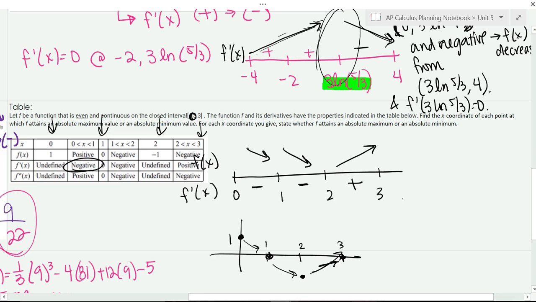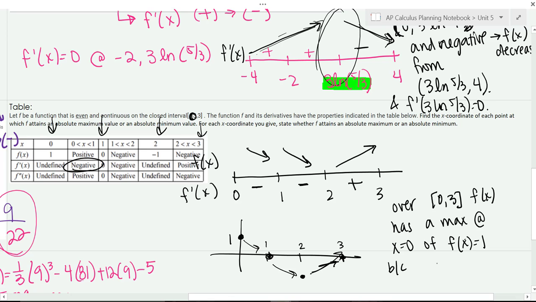So I'm going to come here over 0 to 3. f of x has a max at x equals 0 of f of x equals 1 because f prime of x is negative from 0 to 2, so f of x decreases.